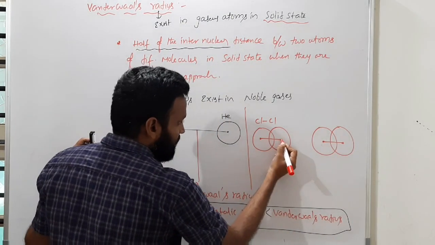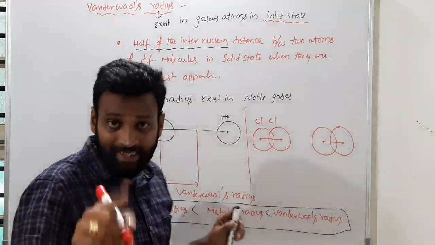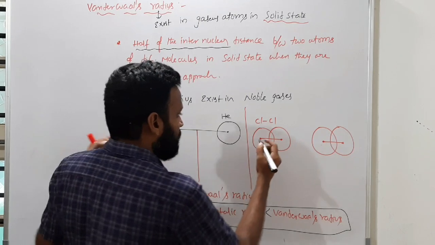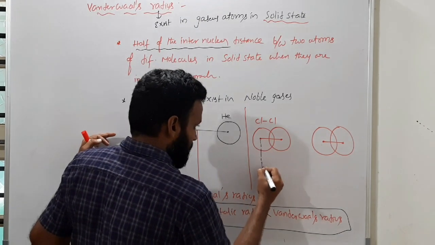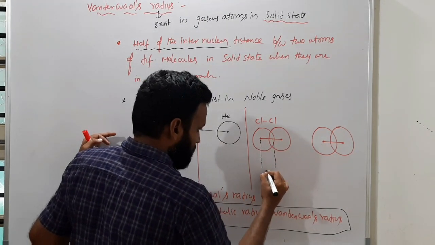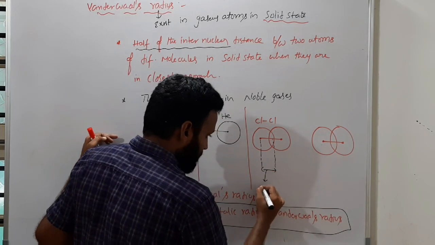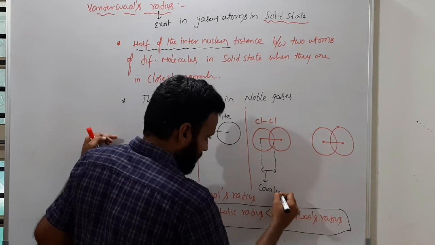Listen carefully: within one chlorine molecule you have one force. What force? You know, covalent force. So this radius is called what radius? Covalent radius.